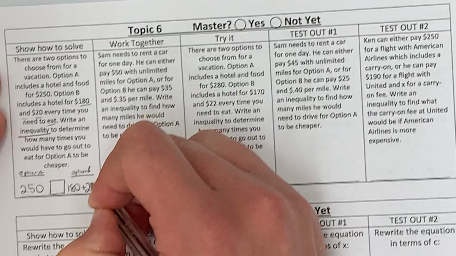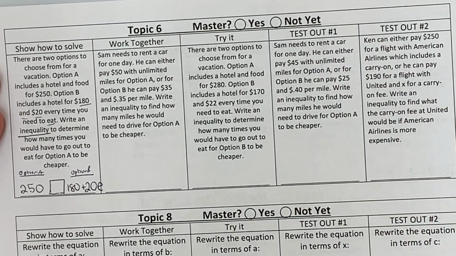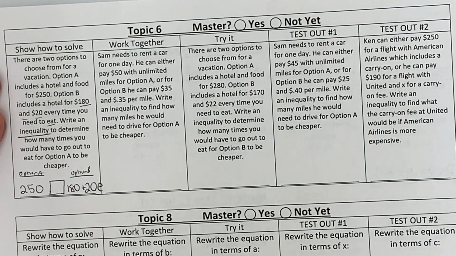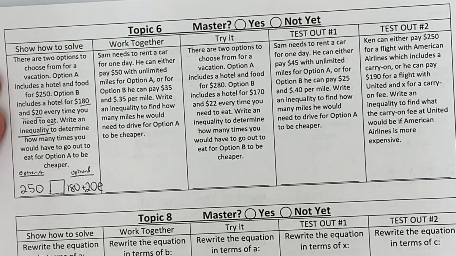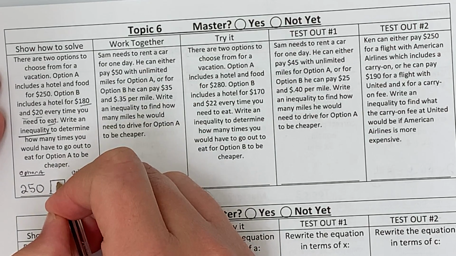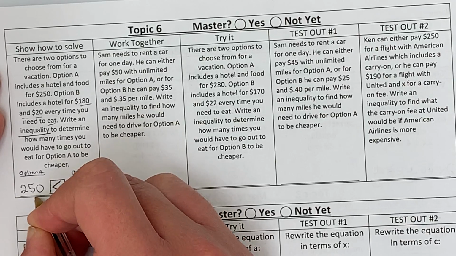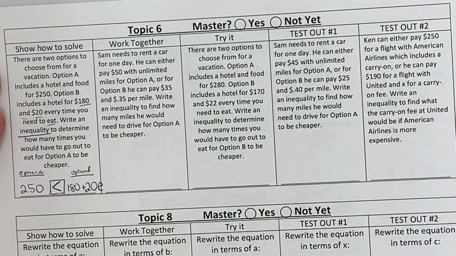And $20 every time we need to eat, so I'm gonna choose the letter E for our variable. All right, so we filled all that out. And then the last part of it, write an inequality to determine how many times you would have to go out for option A to be cheaper. So remember, the cheaper means less than, so A will be less than B. So we're gonna point to A, we're gonna open up to B.